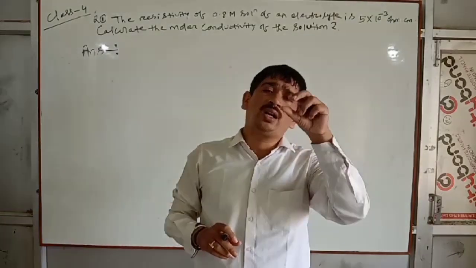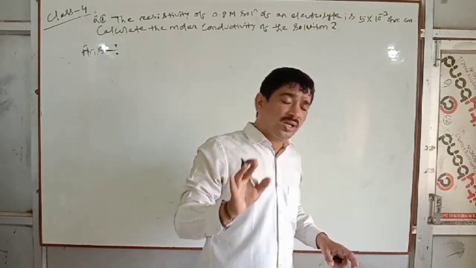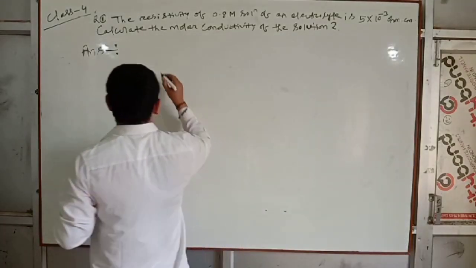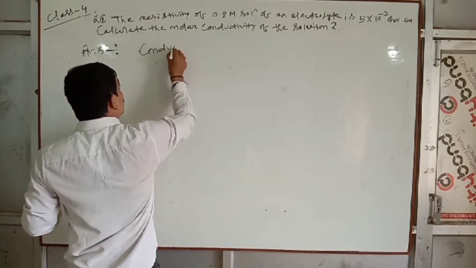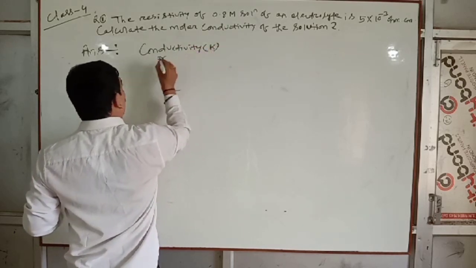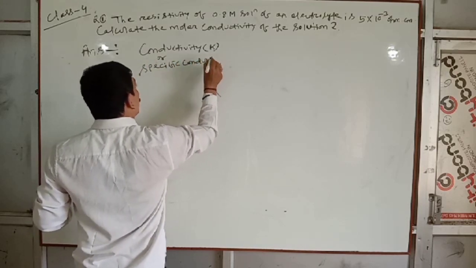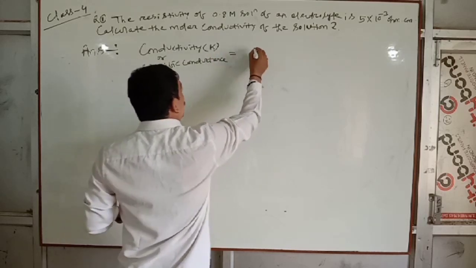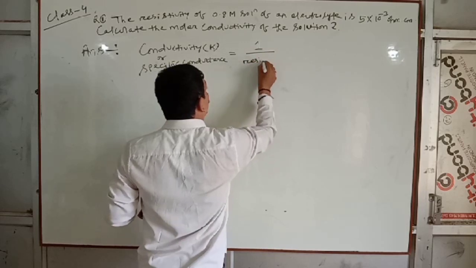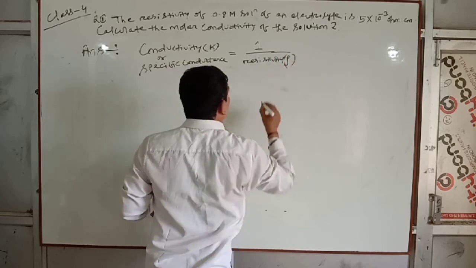Conductivity. We know that conductivity kappa, or specific conductance, is equal to 1 by rho. Kappa equal to 1 by resistivity, that is rho.